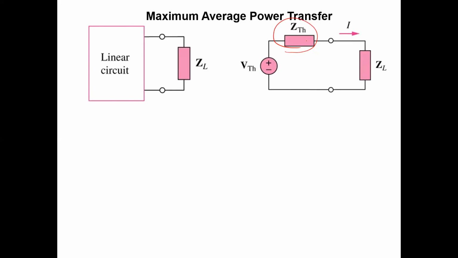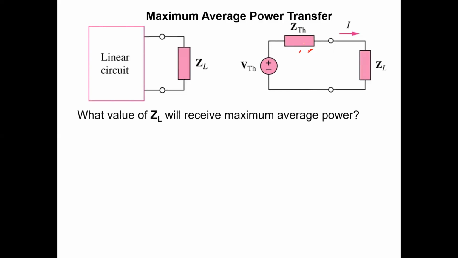But the question is, given that, what's the maximum power we can get to a load, given the whole system? A source, some transmission line, and a load. What load should we use to get the most power to the load? What value of ZL will give us the maximum average power?